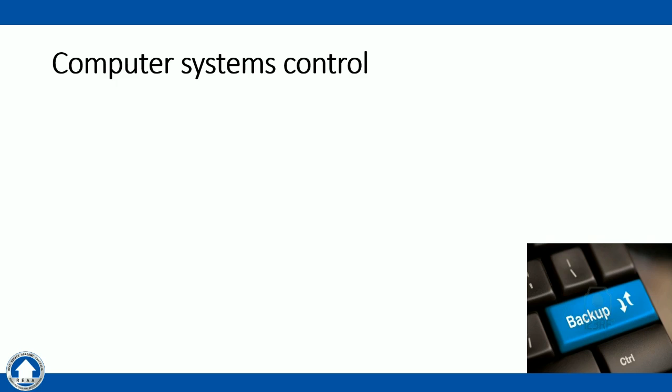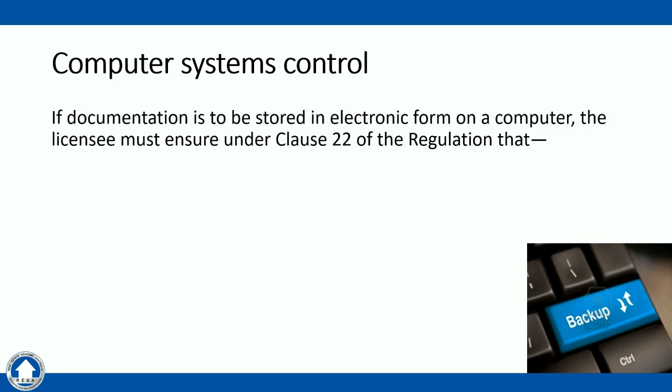Also, using computer systems means that you have to comply with a section of legislation under the regulation, clause 22, which specifies that if documentation is to be stored in electronic form on a computer, then the licensee must maintain those records and have sufficient capacity and backup capability. So if you choose to store this information on an external hard drive, it has to be large enough to hold the backup data.